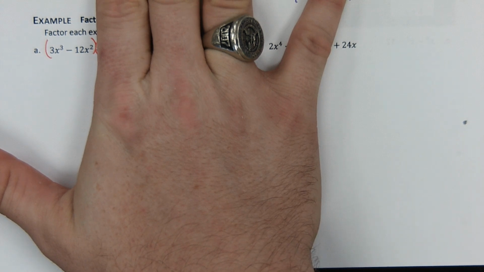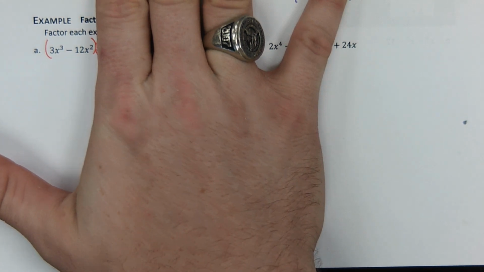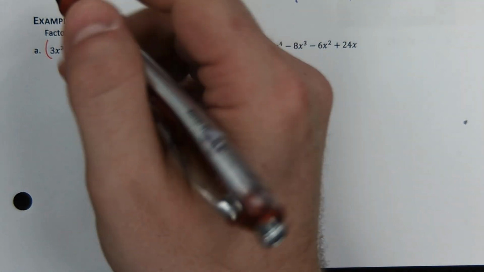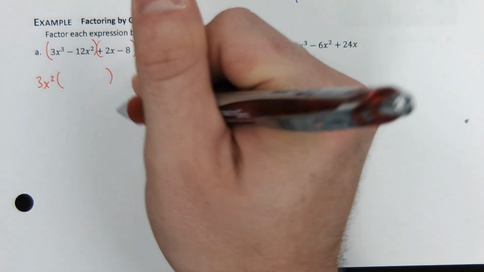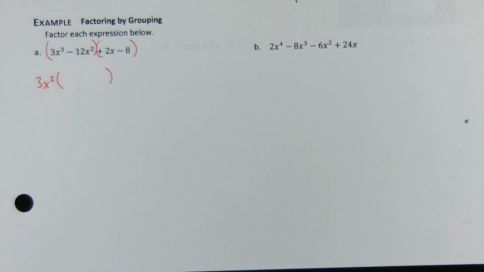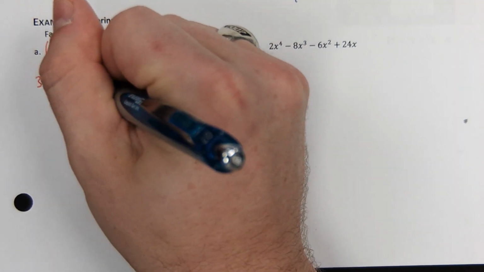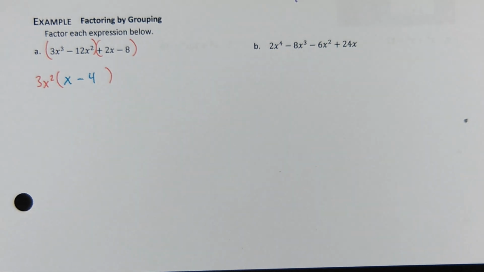What's the other part? 3x squared. Good. So we're going to pull a 3x squared. And when we pull a 3x squared, we're undistributing, we're factoring. That is a form of division. It is going to leave us an x minus 4 on the inside.